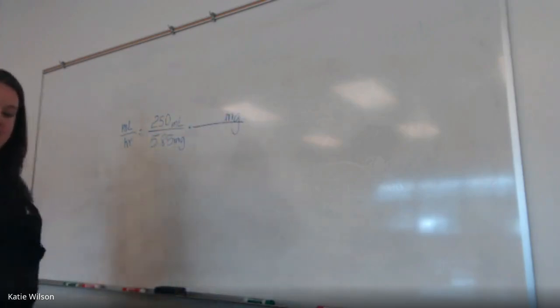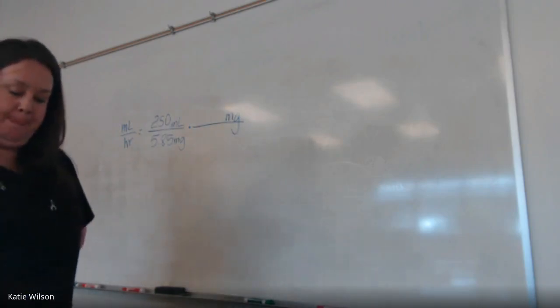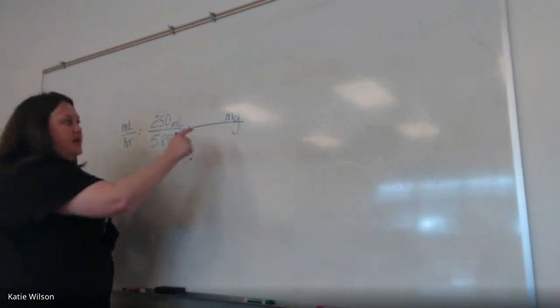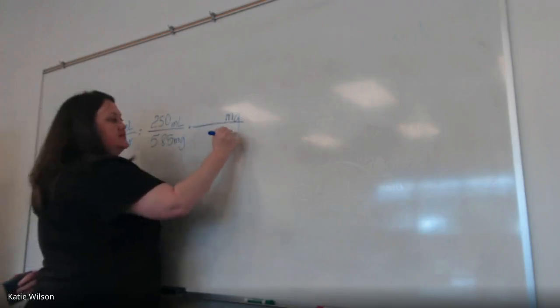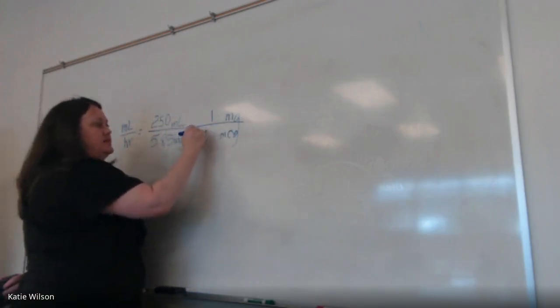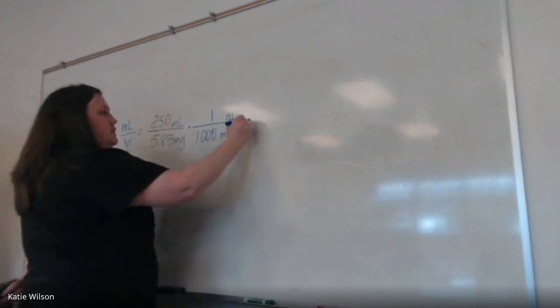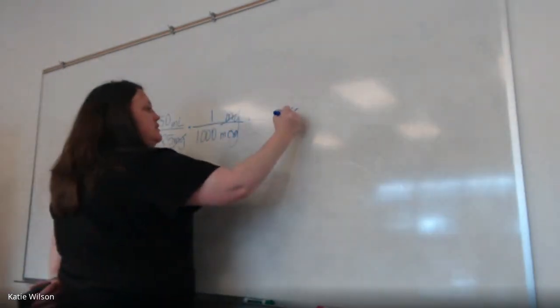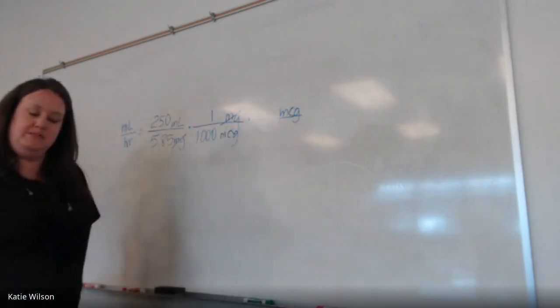Okay, do we know anything about milligrams? Not in the problem. It gives us our information in micrograms. So I need a conversion of milligrams to micrograms, right? So we know that it's 1 to 1,000. That gets rid of milligrams. Now we want to get rid of micrograms.